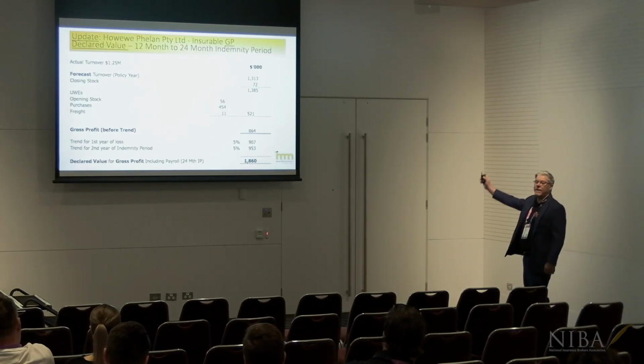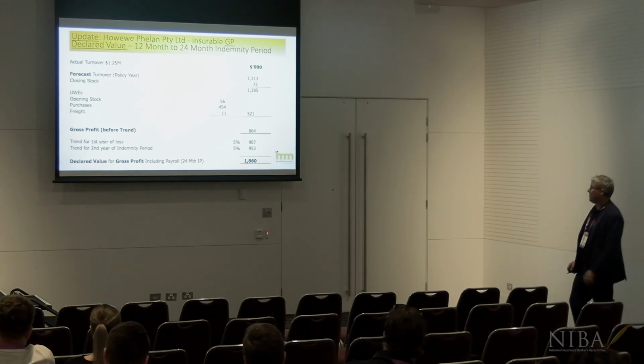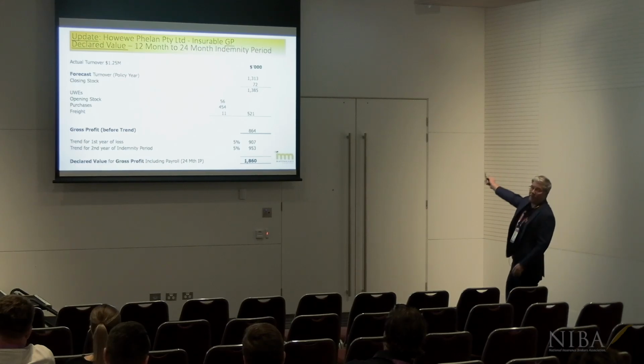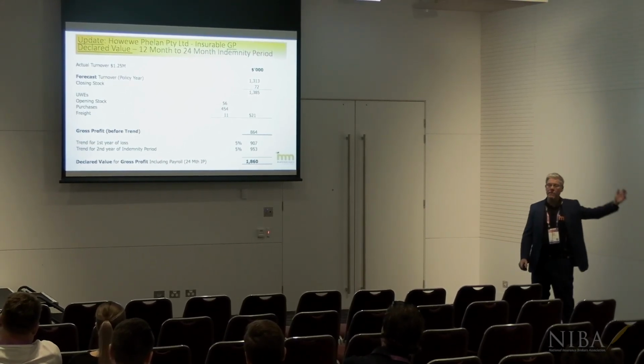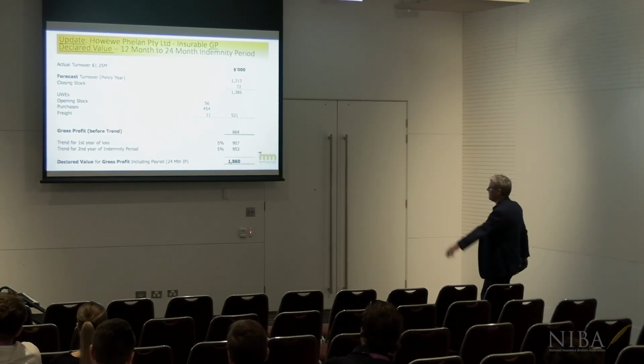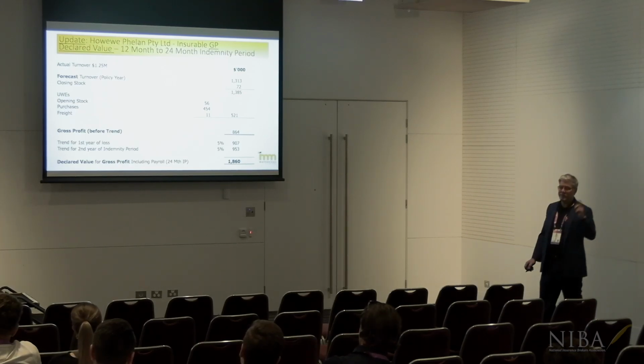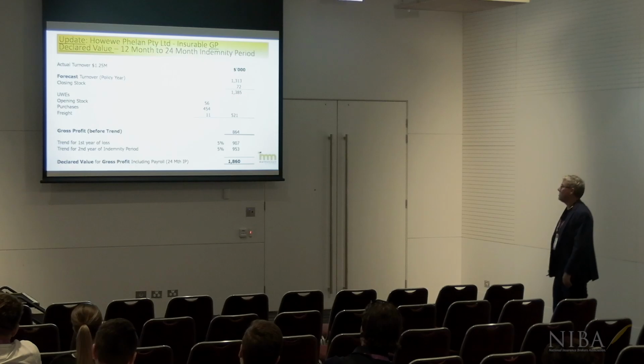But basically this is how it is, obviously, in terms of if you've got the client to actually commit now to a 24-month indemnity period, you get their forecast. Some clients will only give you their actual turnover, but if you get their forecast, then that covers off the whole policy year. Then you're talking about the uninsured working expenses. In this case, they're just saying purchases and freight. And then the important thing is that's obviously the 1 year gross profit exposure.